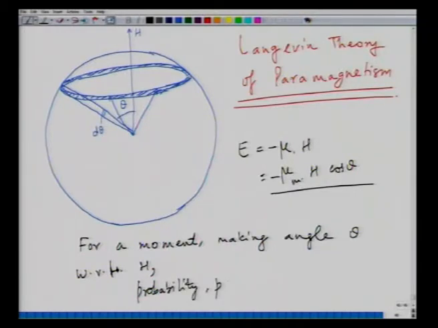So P theta is e to the power minus E by kBT, and this is equal to e to the power mu m H cos theta divided by kBT.